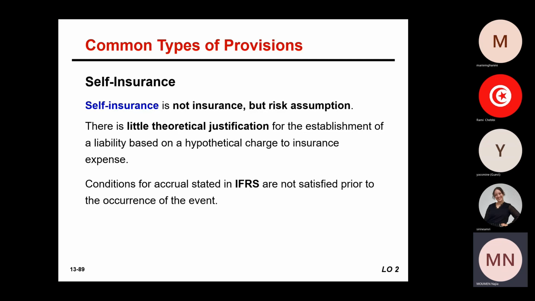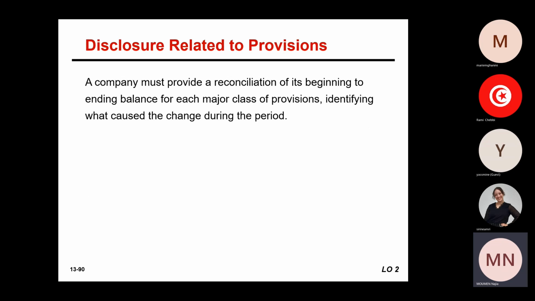There is no possibility to accrue that for provisions. So please, to close this provision section, I know it's really detailed and lengthy, but I just need to finish that. A company must provide a reconciliation of its beginning to ending balance of each major class of provisions, identifying what caused the change during the period.